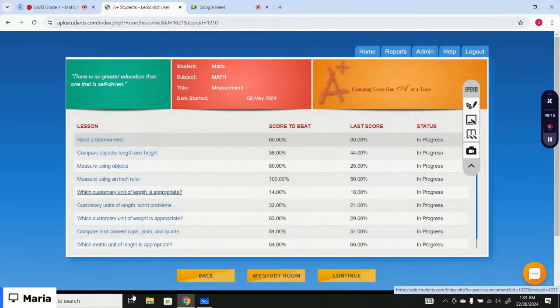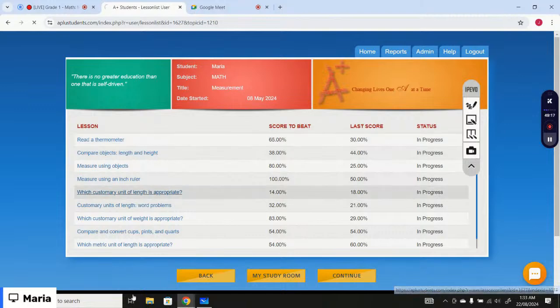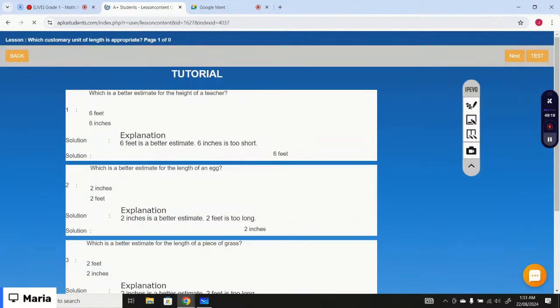The next lesson is which customary unit of length is appropriate. So let's just start with the lesson. Which is a better estimate for the height of a teacher? 6 feet or 6 inches. So which is the correct option?